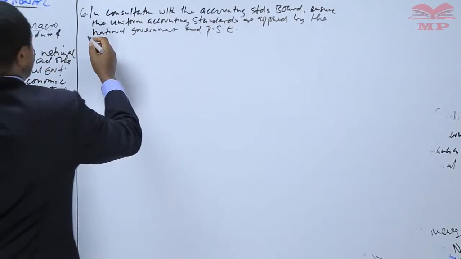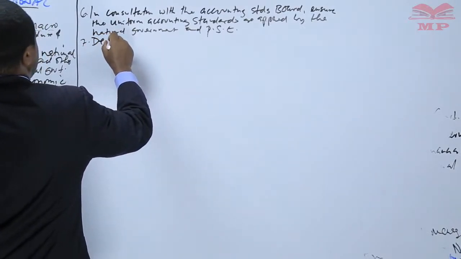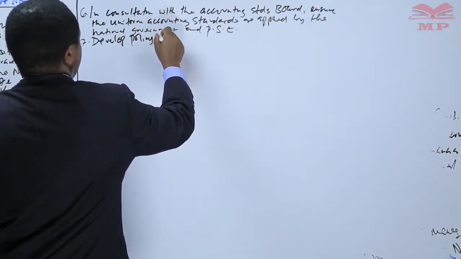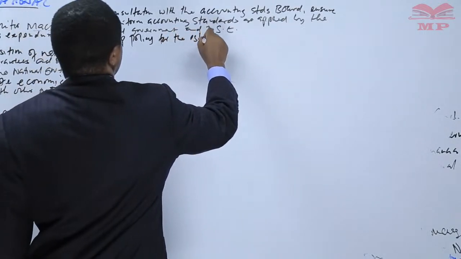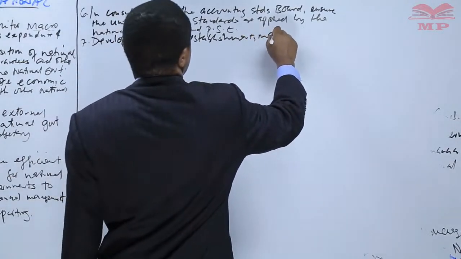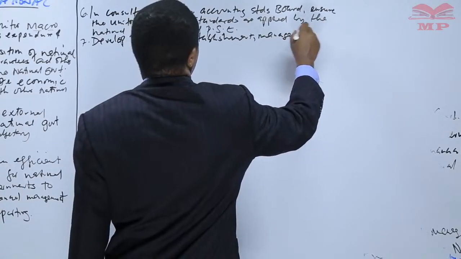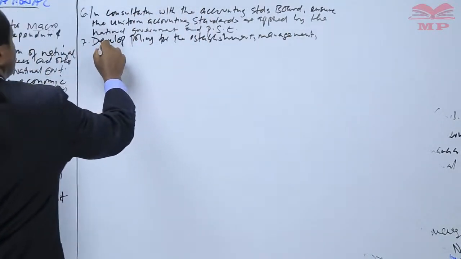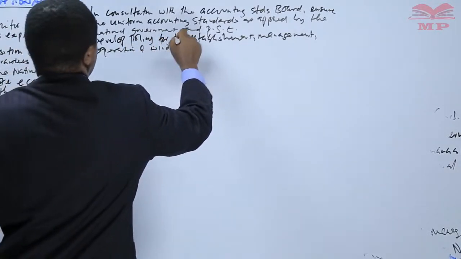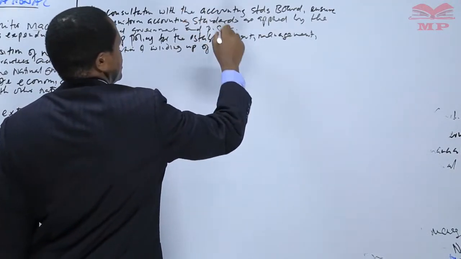Number 7 is to develop policy for the establishment, management, operation, and winding up of public sector entities.